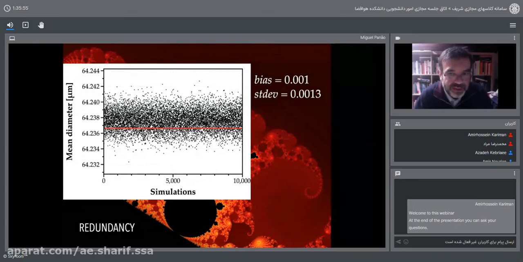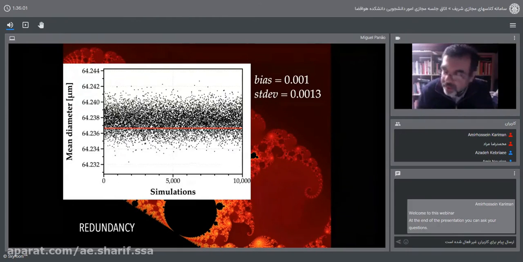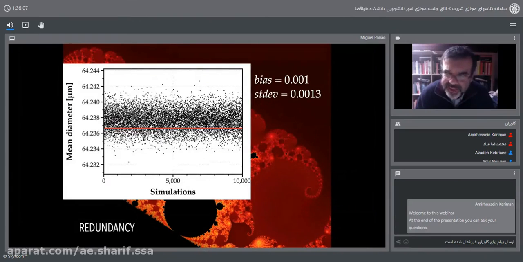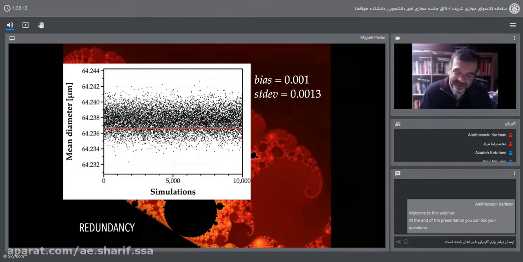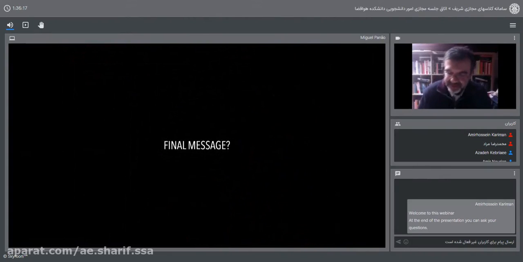Which means that if I consider the decimal part redundant and add a random number for whatever purpose, I still get the same mean diameter. So what is the meaning of this? I still don't know. So at the end, honestly, what is the final message of all this?